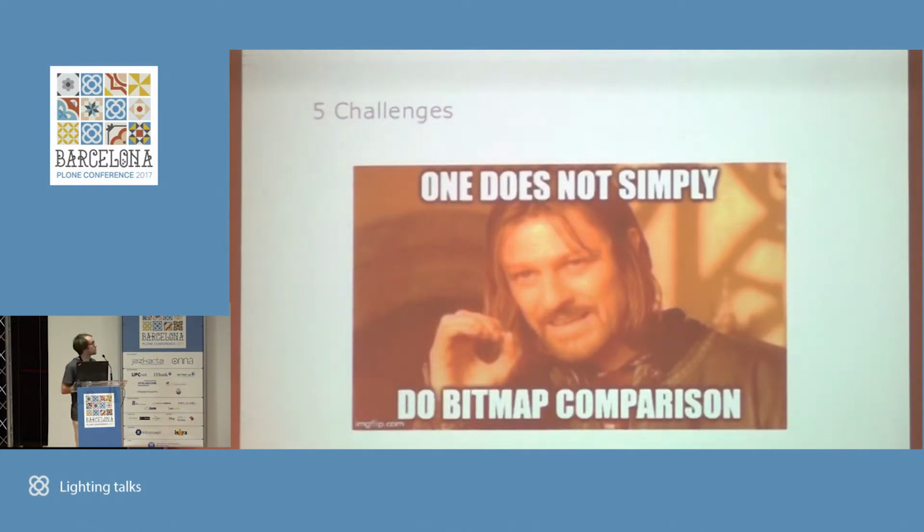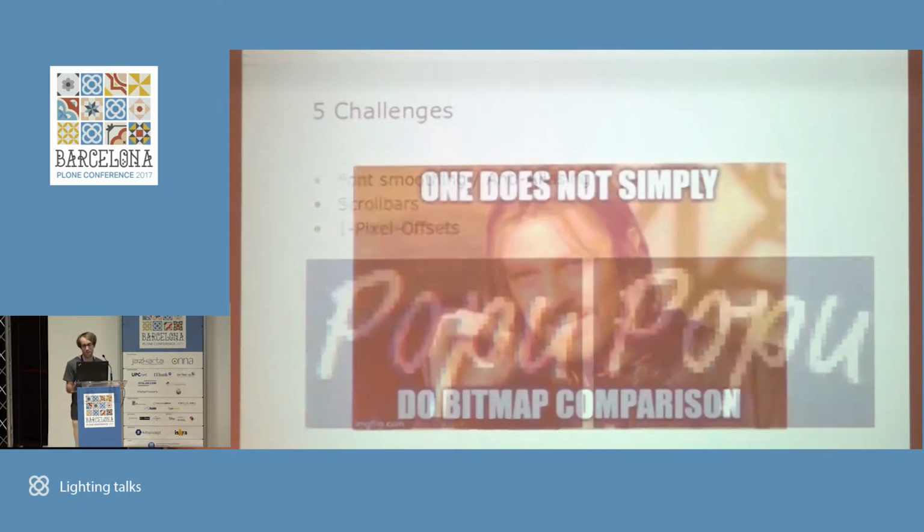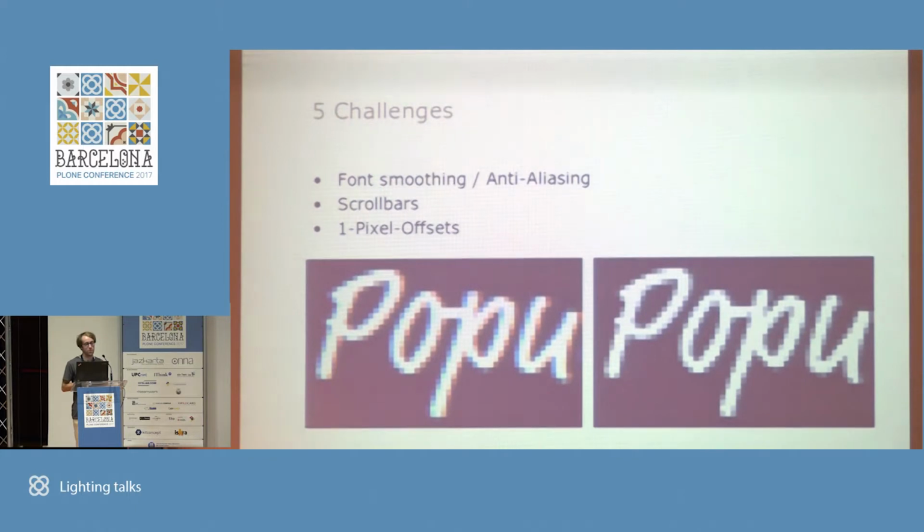There are challenges anyway, and this is that screenshots are bitmaps, and you don't simply do bitmap comparison, because on every machine the screenshot looks different. Every machine does different font smoothing and has different scroll bars and 1 pixel offsets.